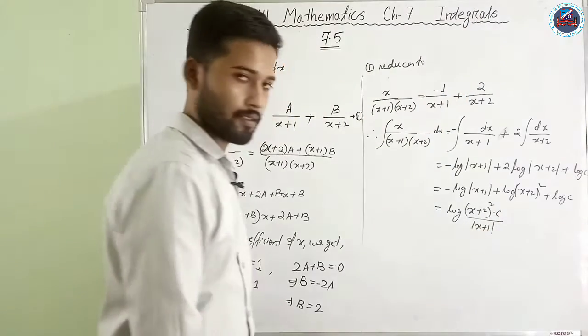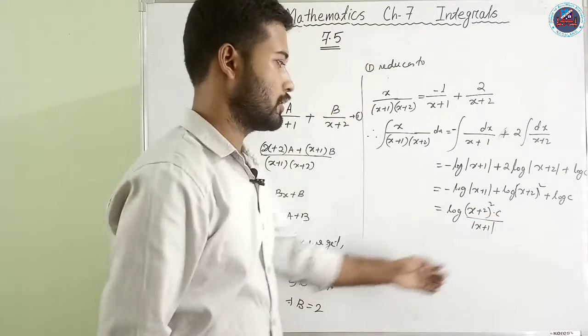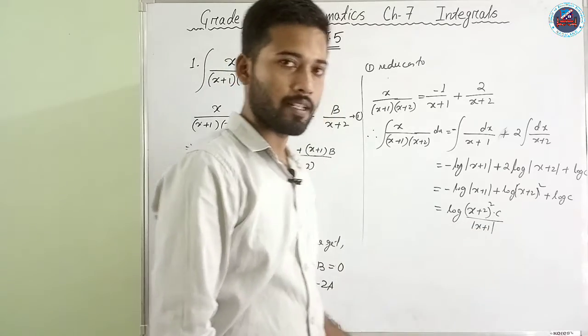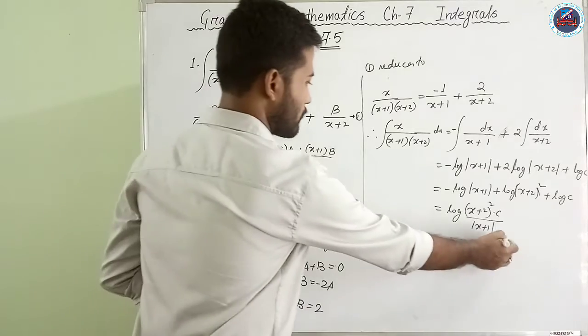So that will be the answer. And you can even keep the c separately and write plus log c also, plus c, anything, the constant doesn't matter, you just have to give it. So this is how we do the integration of such type of forms.